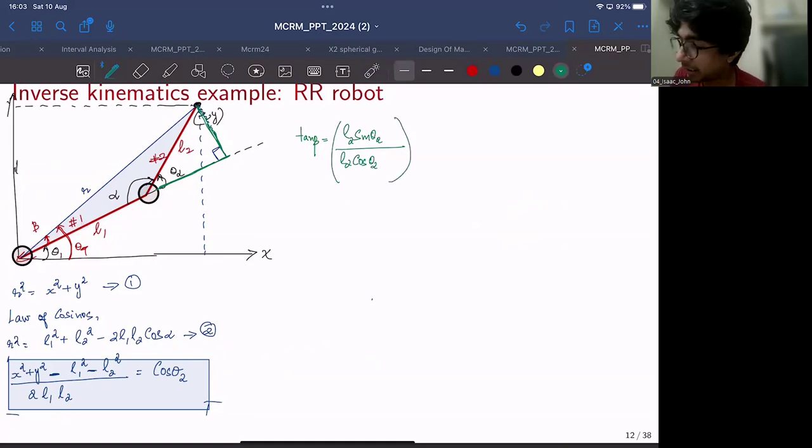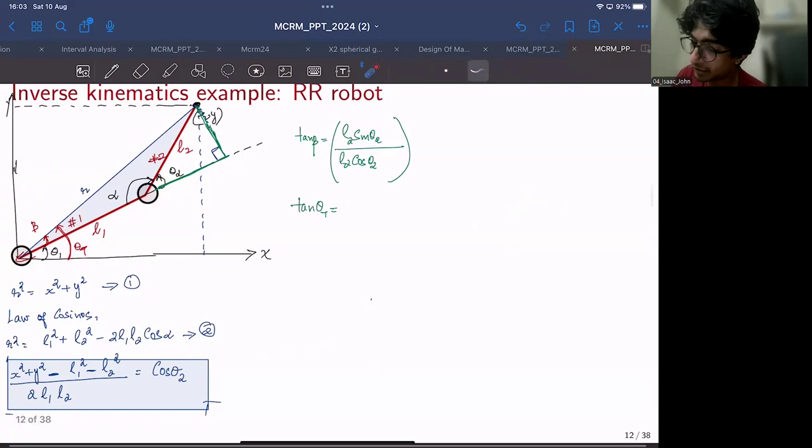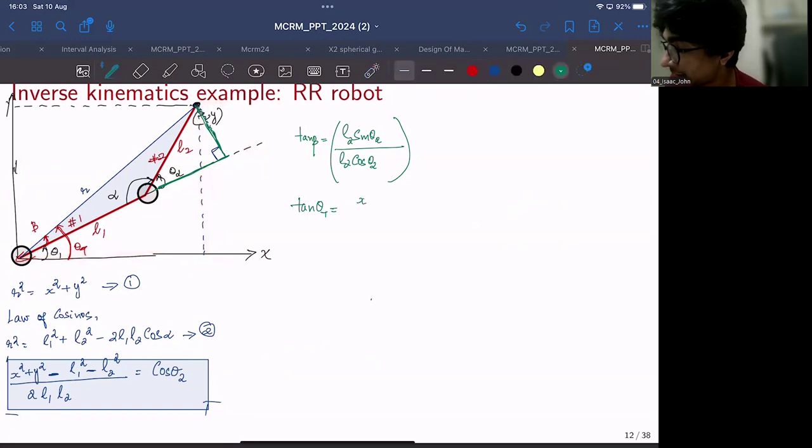And now one more thing. What would be this theta t? If I consider this to be a right angle triangle, tan theta t would be opposite side by adjacent side. This opposite side is nothing but the y coordinate, and the adjacent side is the x coordinate. So tan theta t would be y by x.